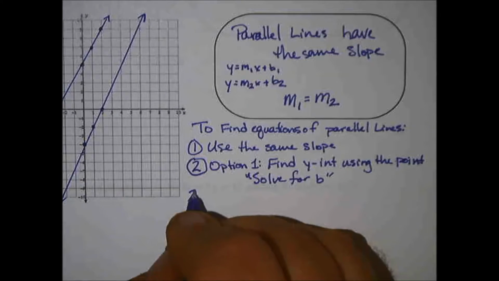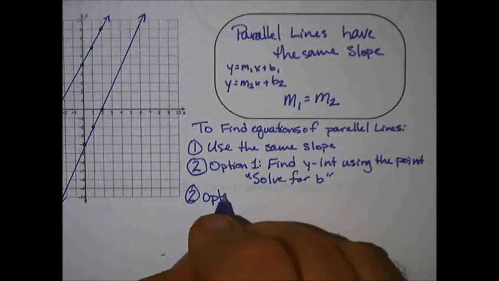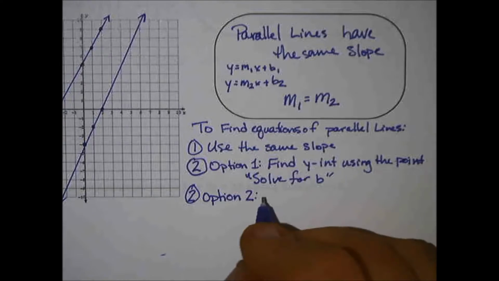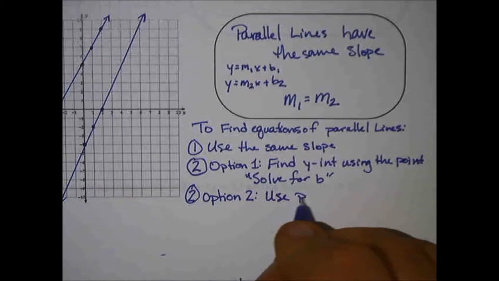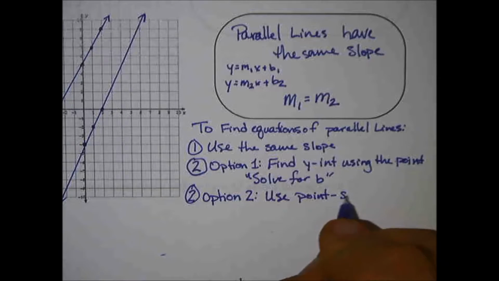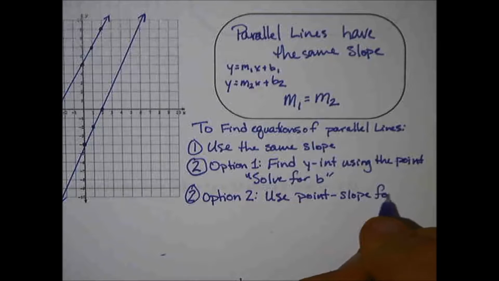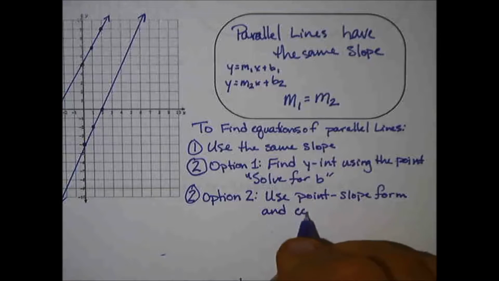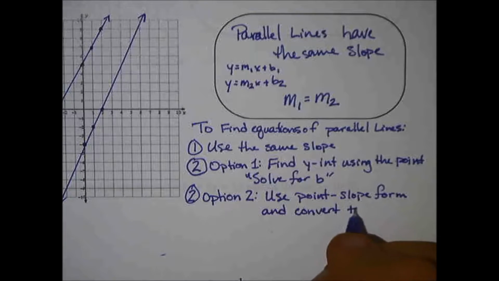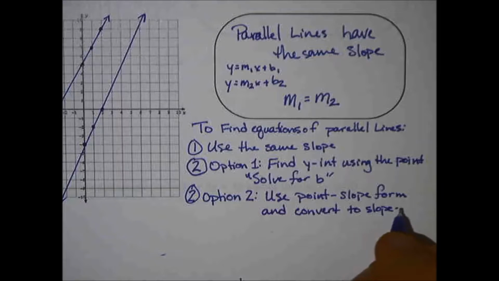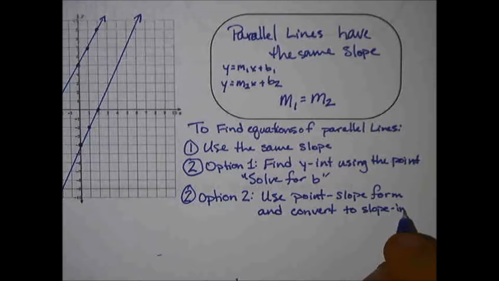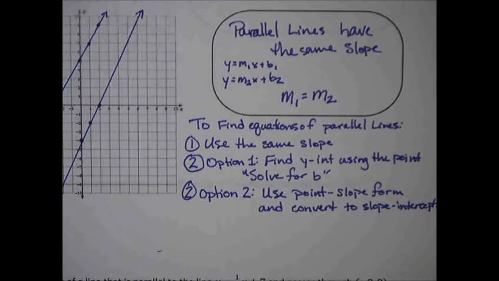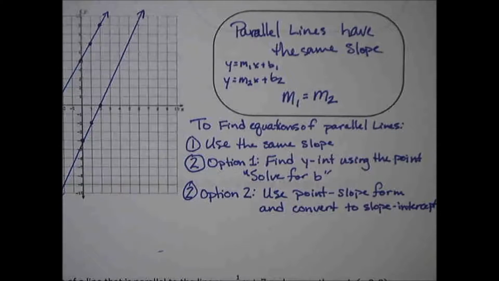Or another thing you could do is to use point-slope form and convert to slope-intercept. And let's look at what I mean by that. So you can use either way. I'm actually I'll do it both ways just to help us out.